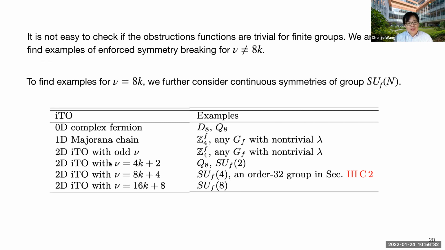For nu equals 4k plus 2, I just mentioned this quaternion group. But if it's 8k plus 4, then it's not that easy. We used a computer to find some examples. We don't even know the name of the group.